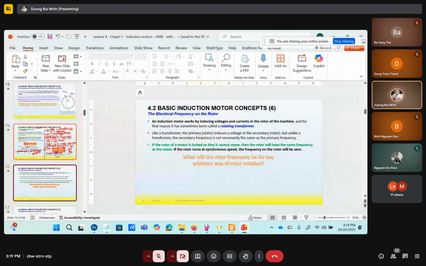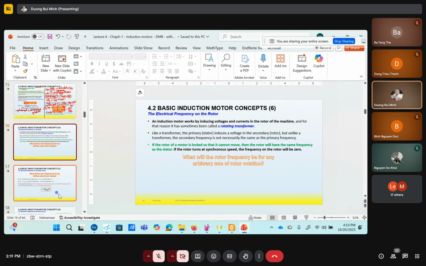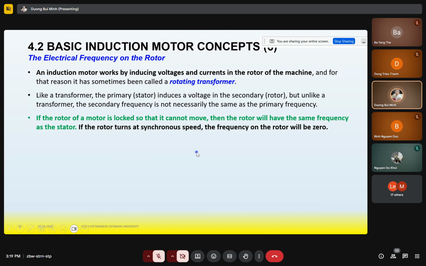So welcome back. Now we talk about electrical frequencies. The question is, what will the rotor frequency be for any arbitrary rate of the rotor rotation?